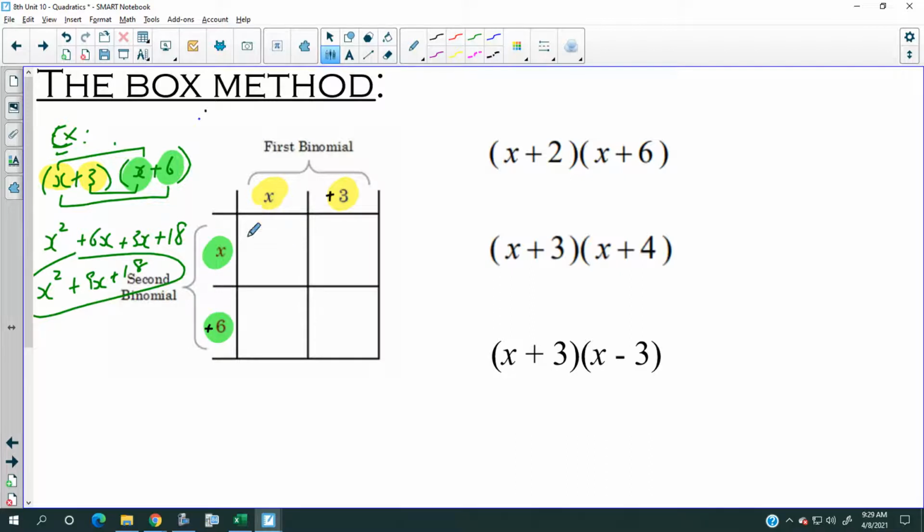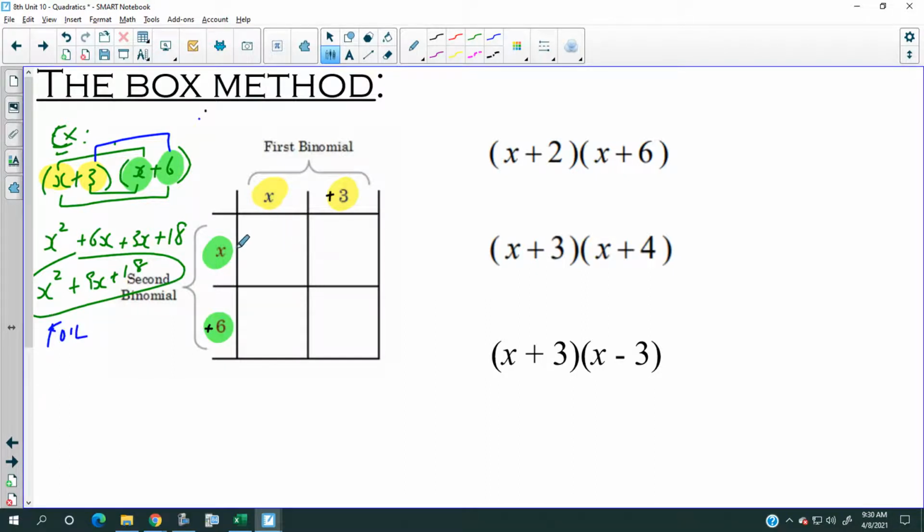What this method does is force you to fill out all 4 boxes. I suppose whoever invented this wanted to make sure students cover all their ground, covering first, outside, inside, last.